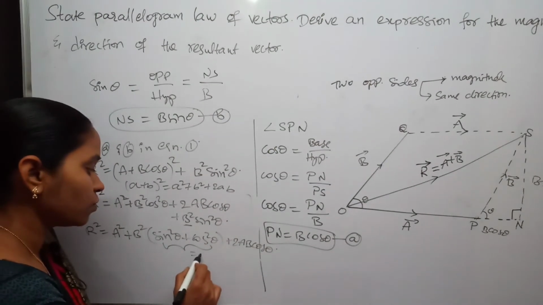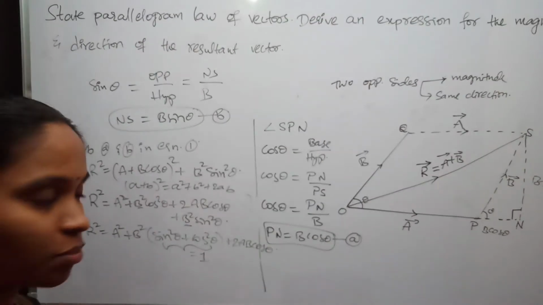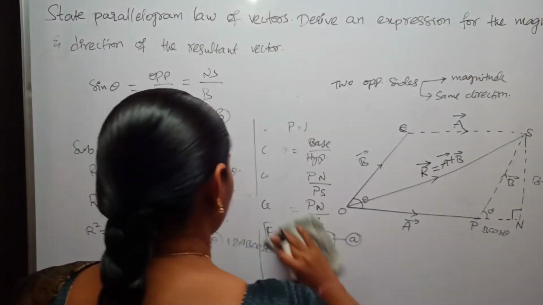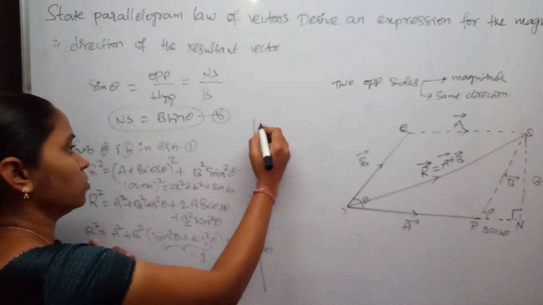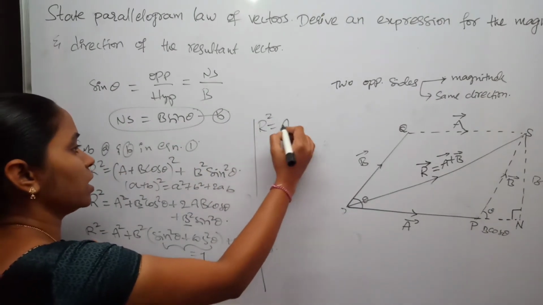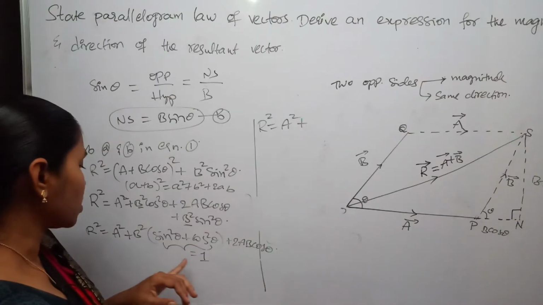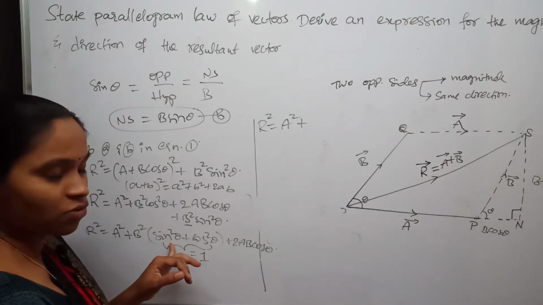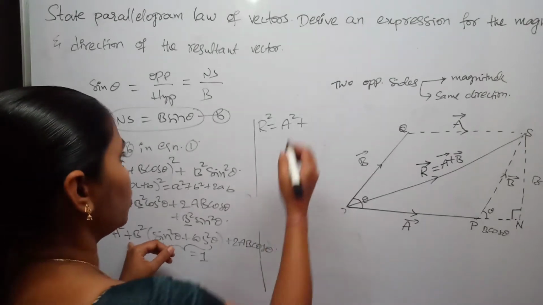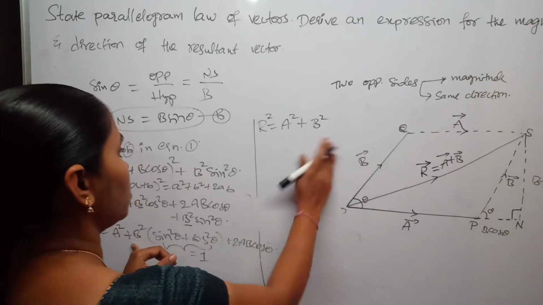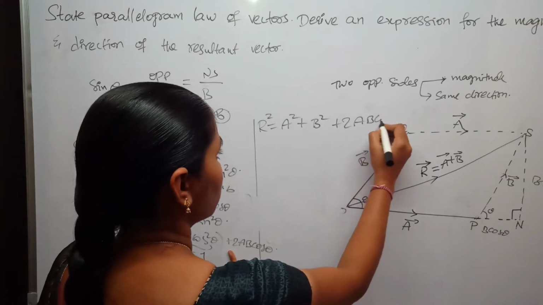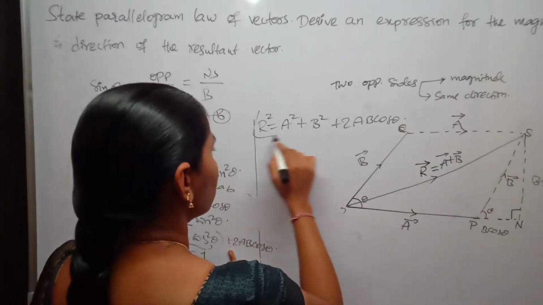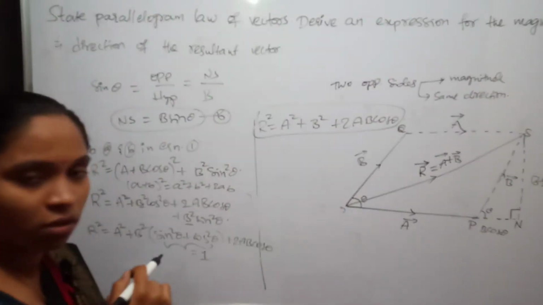It is equal to 1, from trigonometry. Now if you substitute 1 in place of sin square theta plus cos square theta, you will have B square into 1 plus 2AB cos theta. This is the resultant vector.